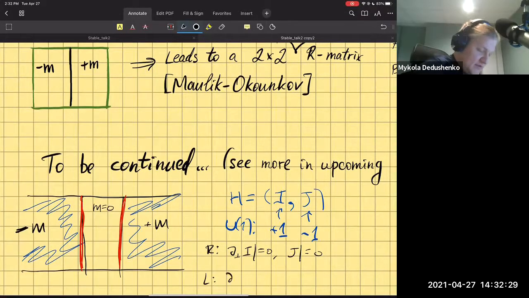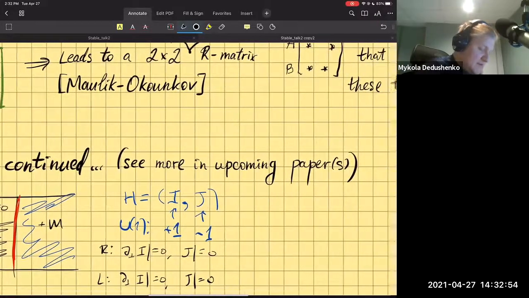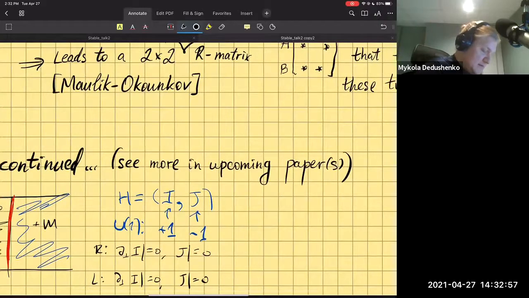It means that we actually have the same boundary conditions for I, because it matters whether you consider the right or the left boundary condition. And this already shows that in the interval, in between the boundaries, there's a certain zero mode that survives, and I can describe the zero mode as a 2D 2,2 chiral multiplet.